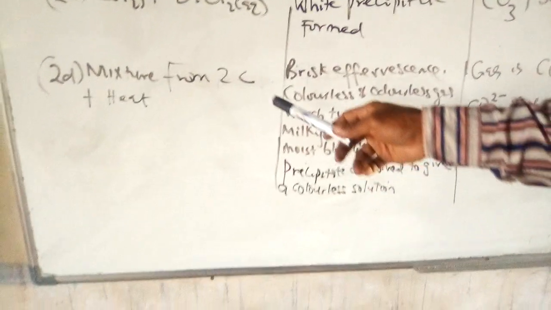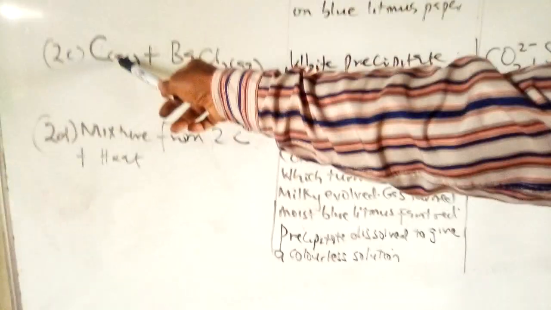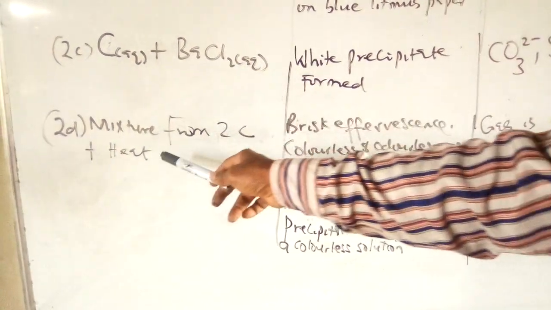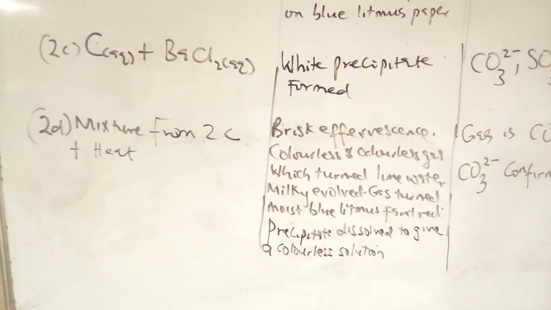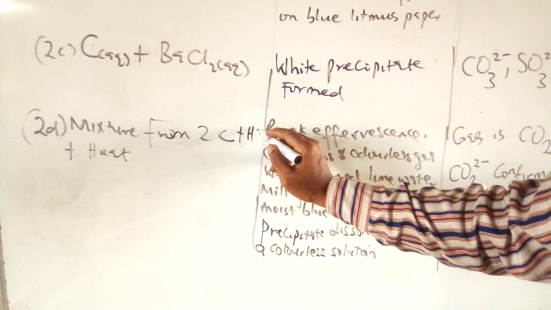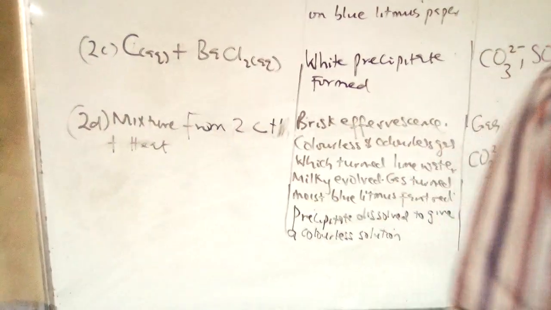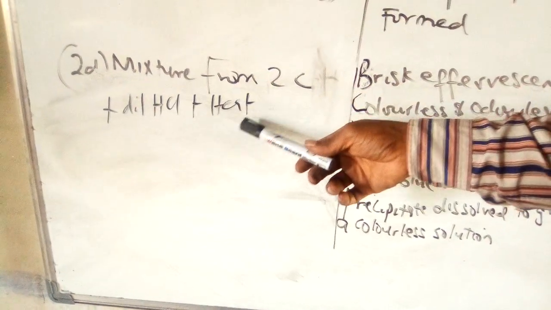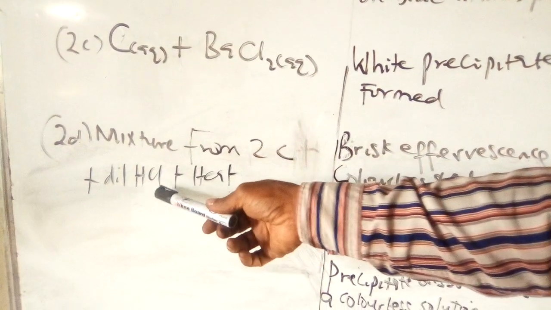So we see our report on 2D, mixture from 2C. The 2C is the C aqueous and barium chloride, that the white precipitate formed, plus dilute HCl, then plus heat.